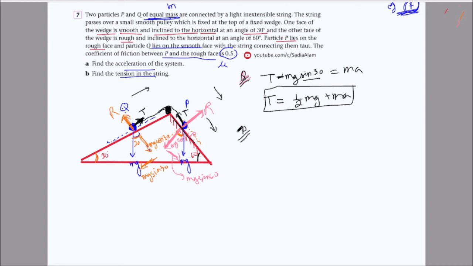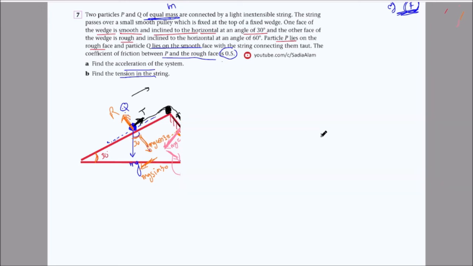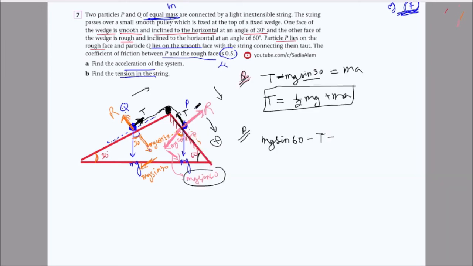So for the second one, I'm taking this direction as positive. So in this direction we have this weight mg sin 60, and then tension is negative. Since we have friction, the frictional force will obviously act in this direction.